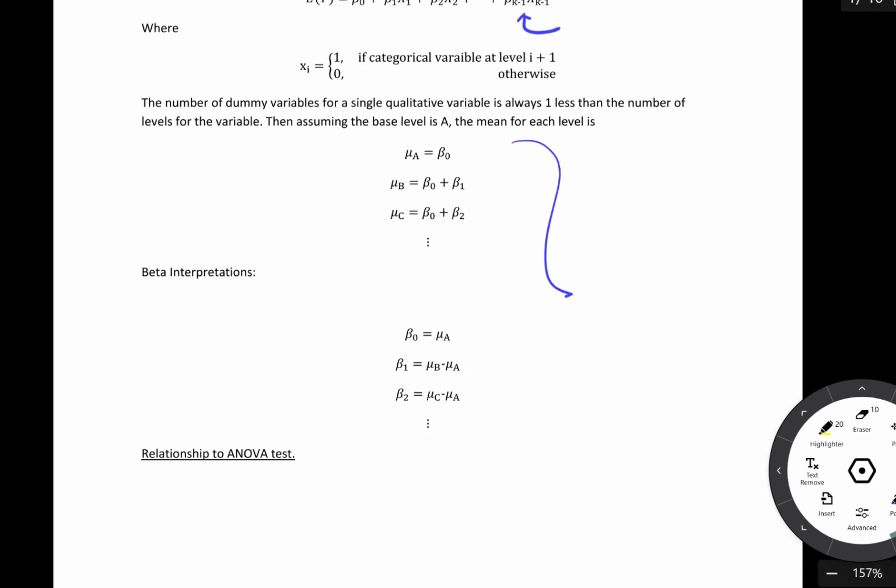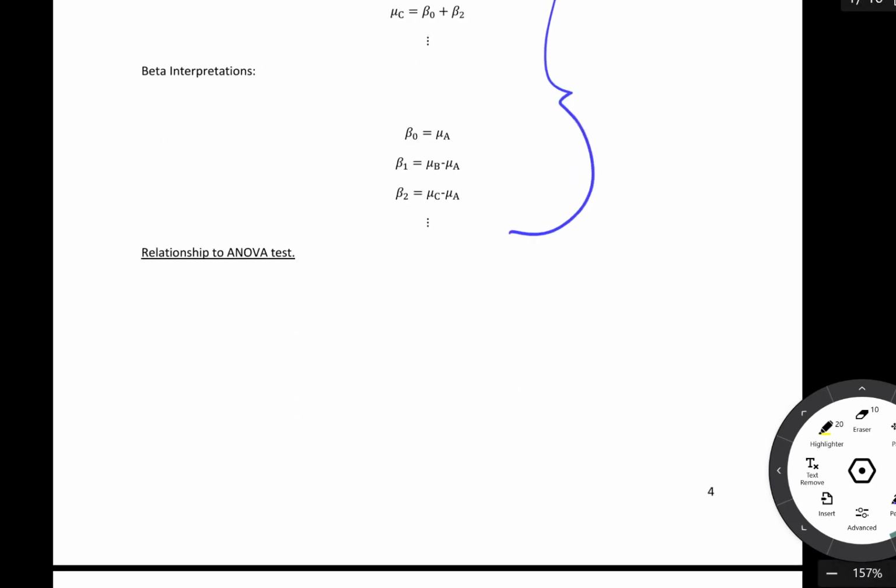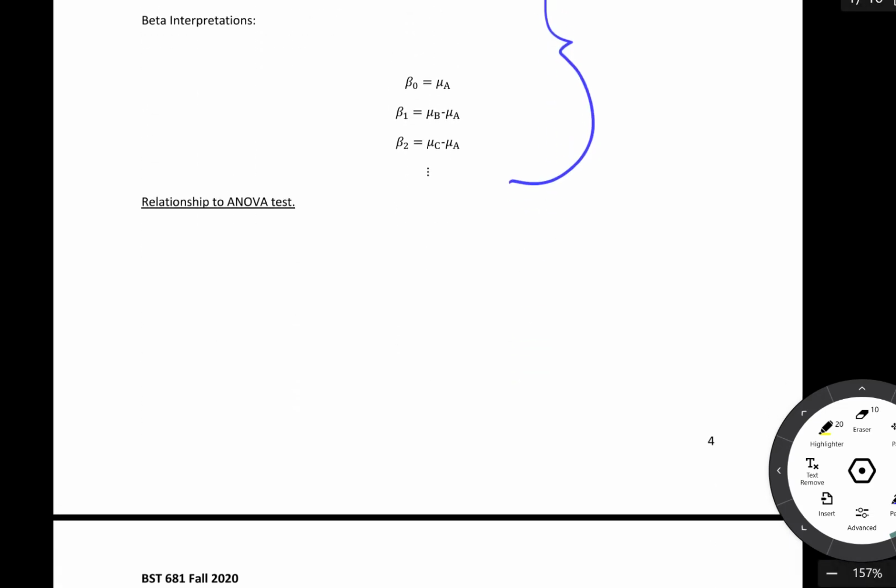So this right here is exactly what we just showed with the eye color example. And if you're familiar with an ANOVA test, you actually get the same results as an ANOVA test. So if you look at a one-way ANOVA, where you looked at the difference in means for a categorical variable, you could equate these two methods and you would get similar results.